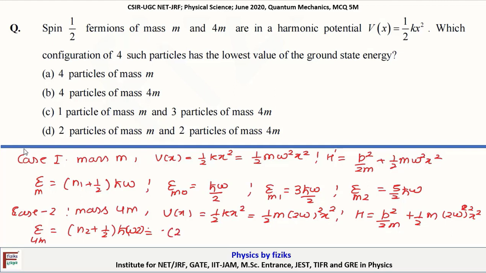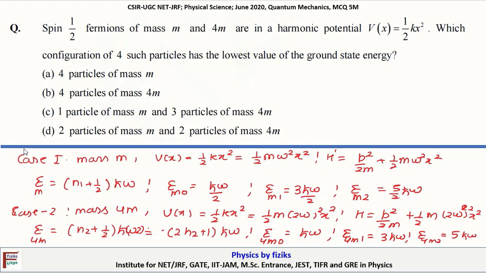So this can be written as (2 n2 plus 1) h cross omega. So the ground state energy for this particle will be h cross omega, the first excited energy would be 3 h cross omega, and the second excited state energy would be 5 h cross omega.